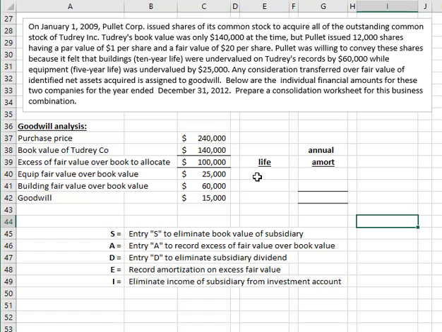While we're here, we can go ahead and calculate the annual amortization. The equipment had a 5-year life, and the building had a 10-year life, so we can divide that out.